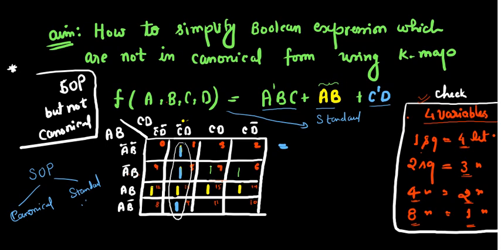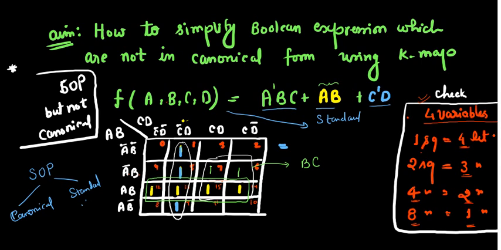First one, then we can make a grouping of these ones, and then a grouping of these ones. After simplification, we see that in this square B is not changing and C is not changing, so this square corresponds to BC.